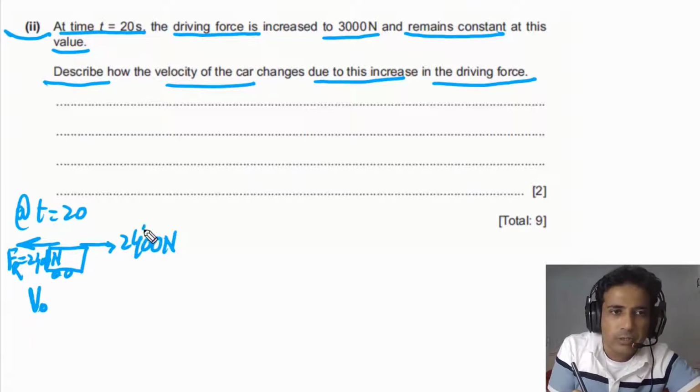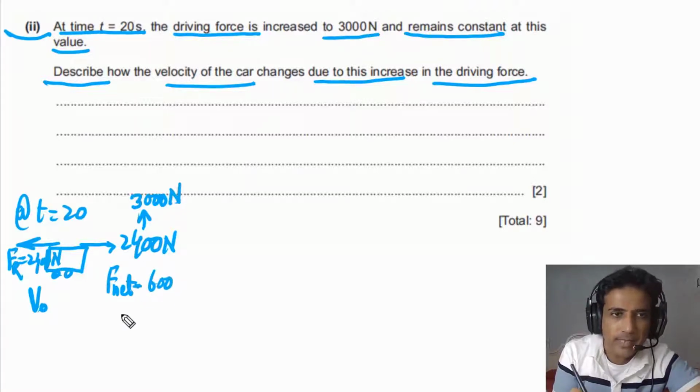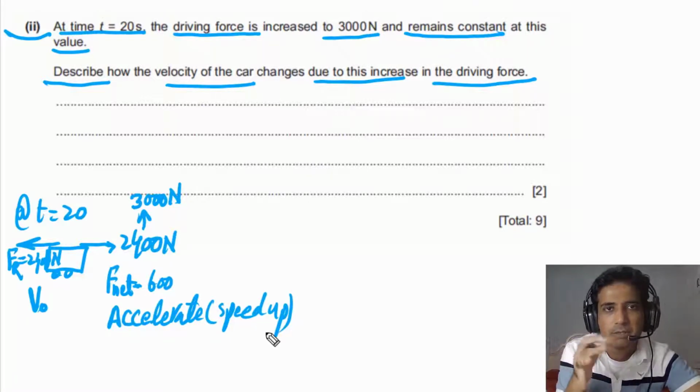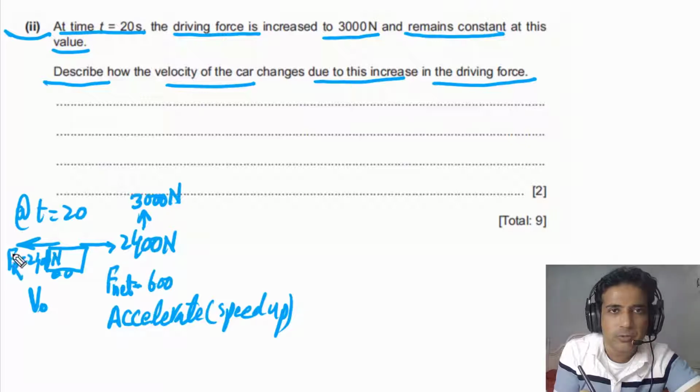Now, if we increase this driving force from 2400 to 3000 newtons, there will be a net force on this car, and the net force will be equal to 600. As there is a net force acting on the car, this car will accelerate. Accelerate simply means that the car will speed up. And when this car speeds up, resistive forces will increase.